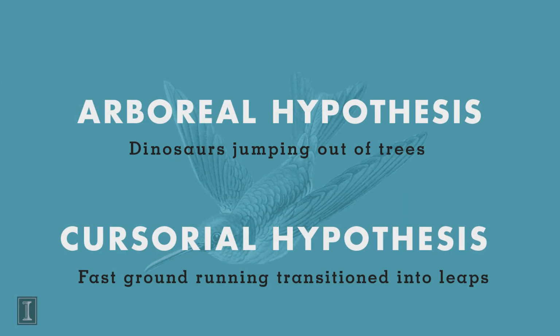Another one is called the cursorial hypothesis, the idea that maybe flight developed as an unintended consequence of doing things like running on the ground. Small raptors that might have been chasing organisms they were trying to prey upon, as they were moving and jumping and running and going after their prey, could have had that transition into some type of flight mechanism.